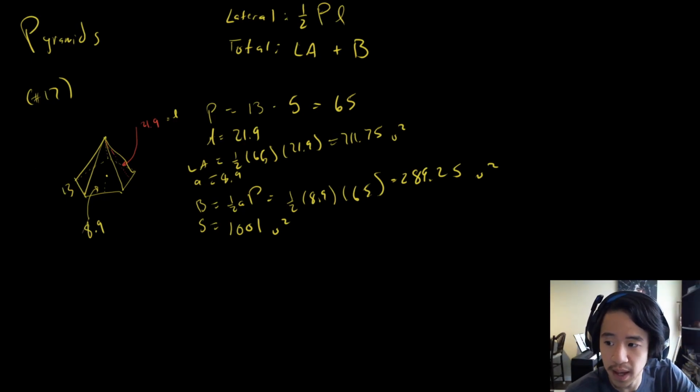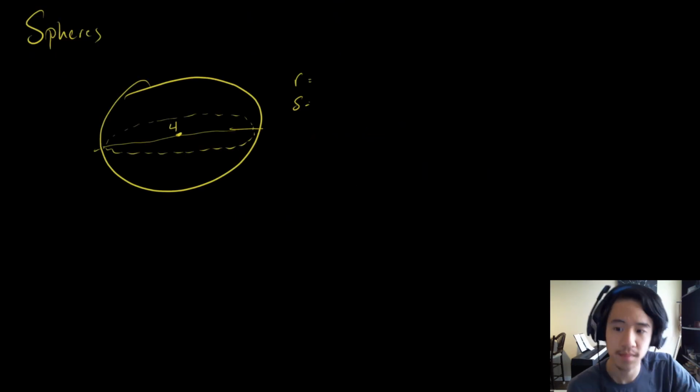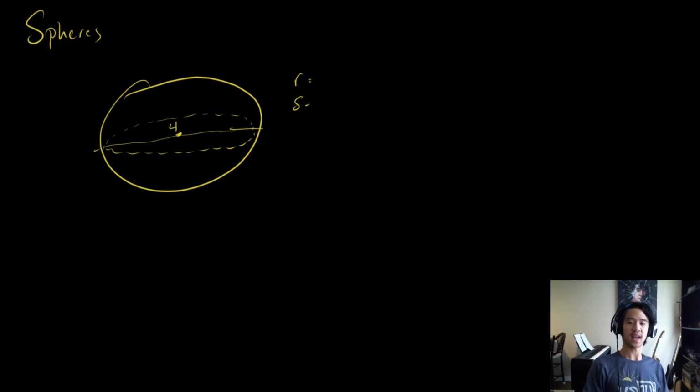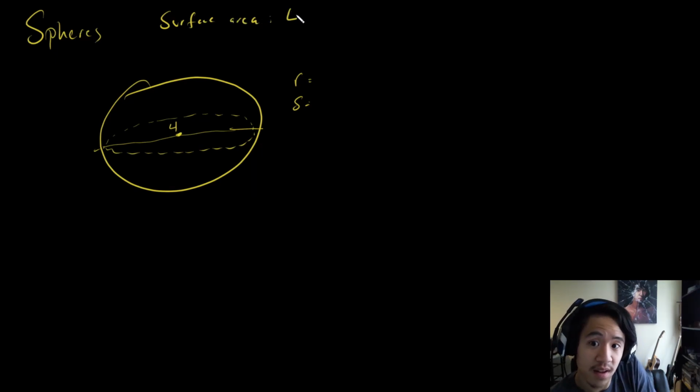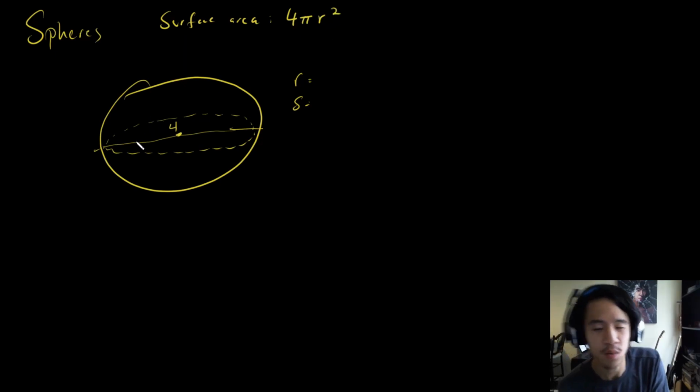And lastly, we have one more example. Here we've got a sphere. The formula to find the surface area of a sphere is 4 pi r squared, which is pretty interesting.